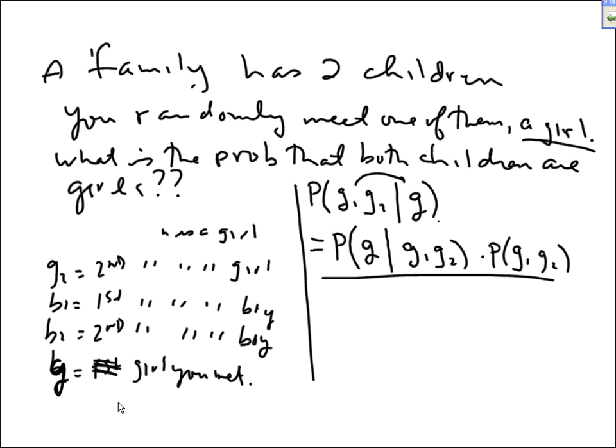Now, G1, G2, what information is that giving you? It's giving you the sex of the firstborn and the secondborn. So in the bottom, I'm going to put all of that.